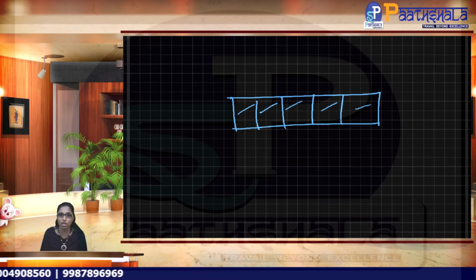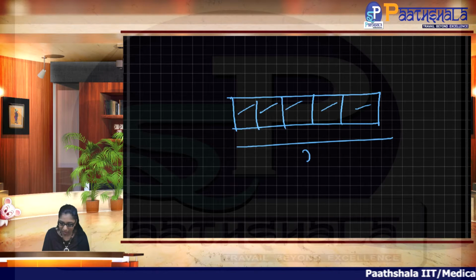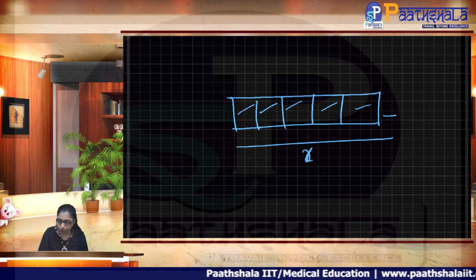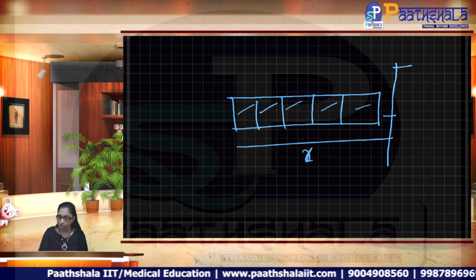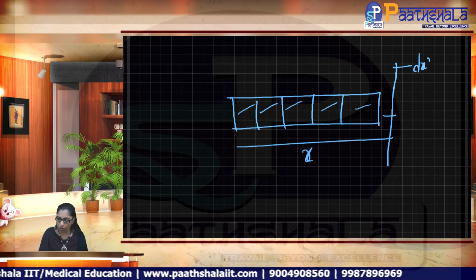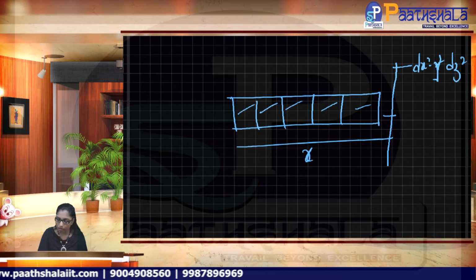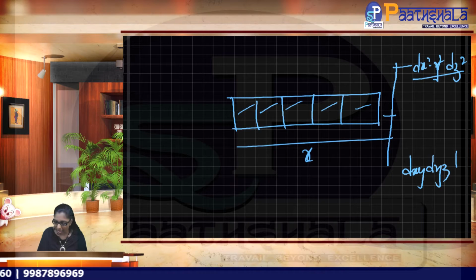Let us say this is the energy at which the degenerate d subshell is present. After the interaction between the ligands and the metal atom, the dx square minus y square and dz square energy will be lifted to this extent, and the dxy, dyz and dzx energy will be lowered down, whereas this is the midline.